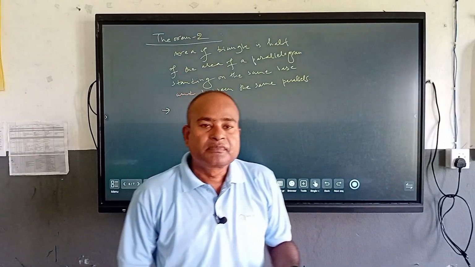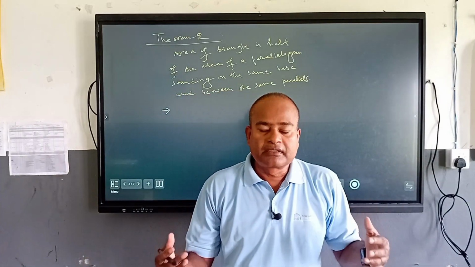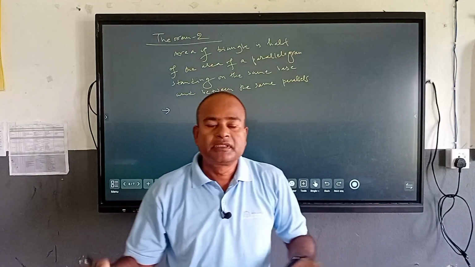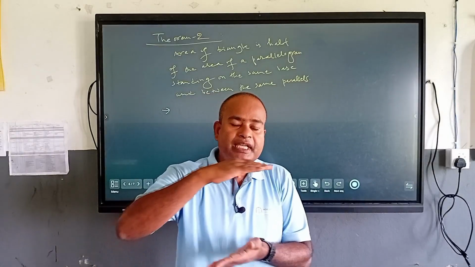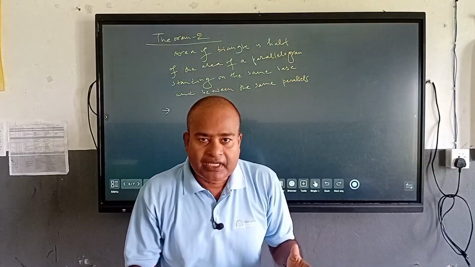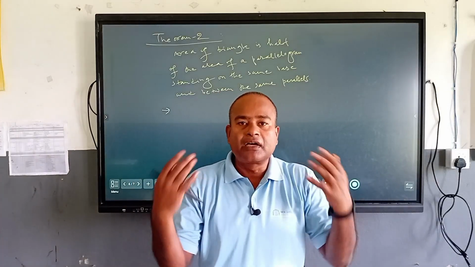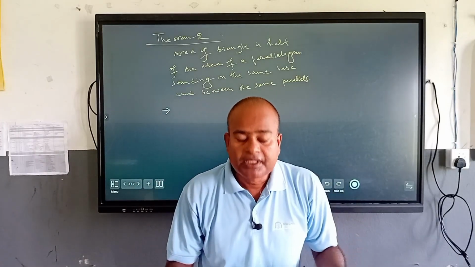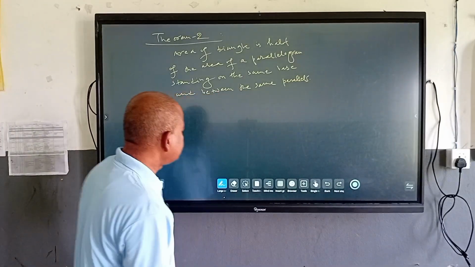If a triangle and a parallelogram are standing on the same base and between the same parallels, then the area of triangle is always half of the area of parallelogram. So let's prove this.